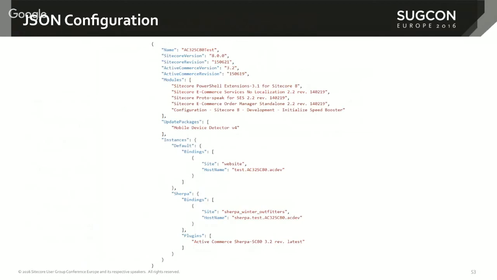So when we run our scripted SIM, we read these values for things like the modules we want to install, obviously the Sitecore version we want to install, what packages and update packages, what bindings we need to create, including some dynamic site configs. And so ultimately I can spin up an instance of Active Commerce based on one of these.